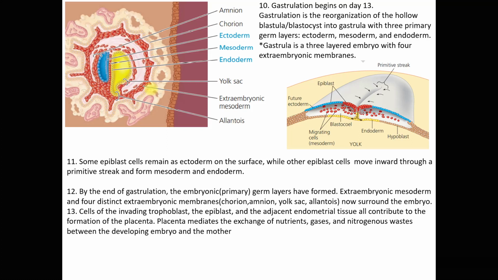So the cells of the invading trophoblast, some of the epiblasts that still remain here, and the adjacent endometrial tissues all contribute to the formation of the placenta. This placenta mediates the exchange of nutrients, gases, and nitrogenous waste between the developing embryo and the mother.